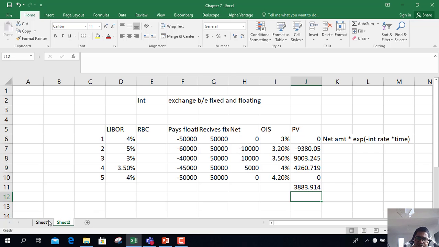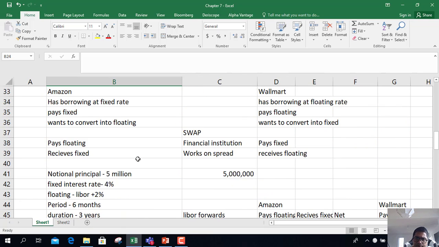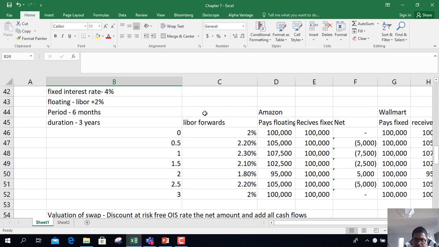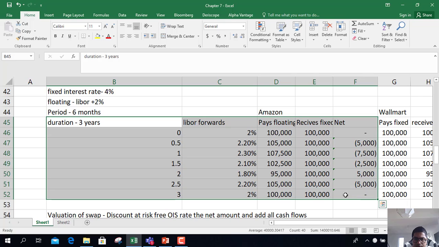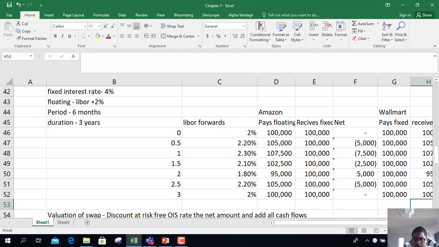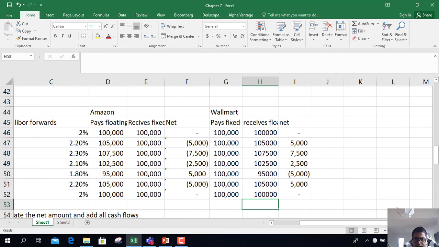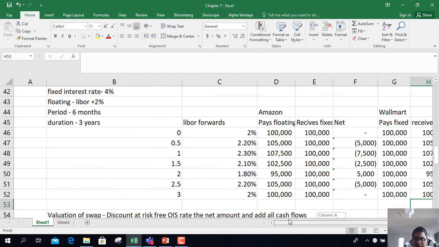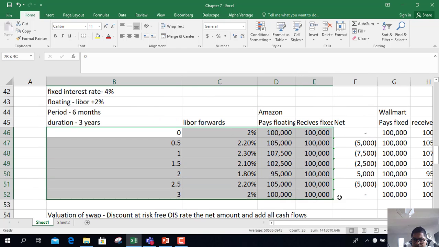So let us calculate value of this swap. Let's do it for Walmart. It's one and the same thing.